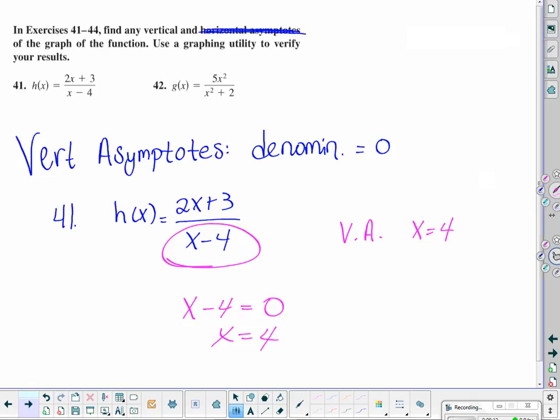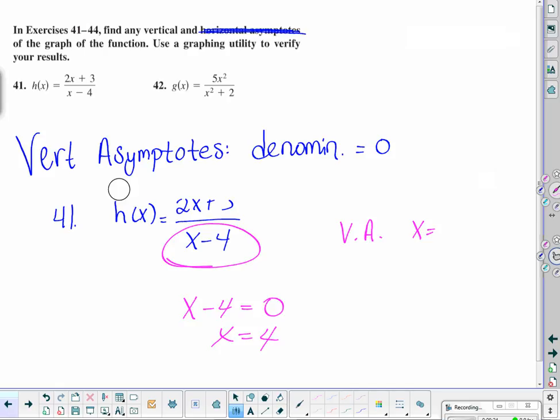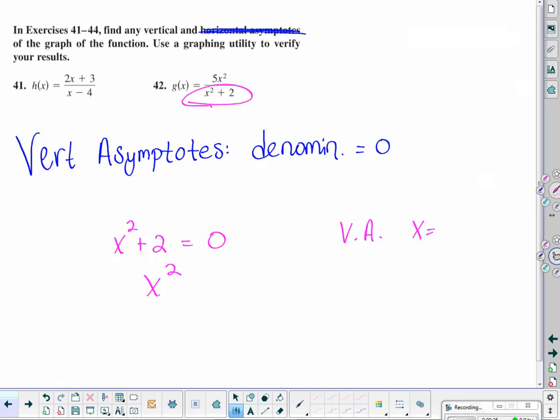Number 42, we're still looking at the denominator, and my denominator on 42 is x squared plus 2. Can that ever equal 0? Well, x squared is positive, plus more positives are hardly ever going to add up to 0.